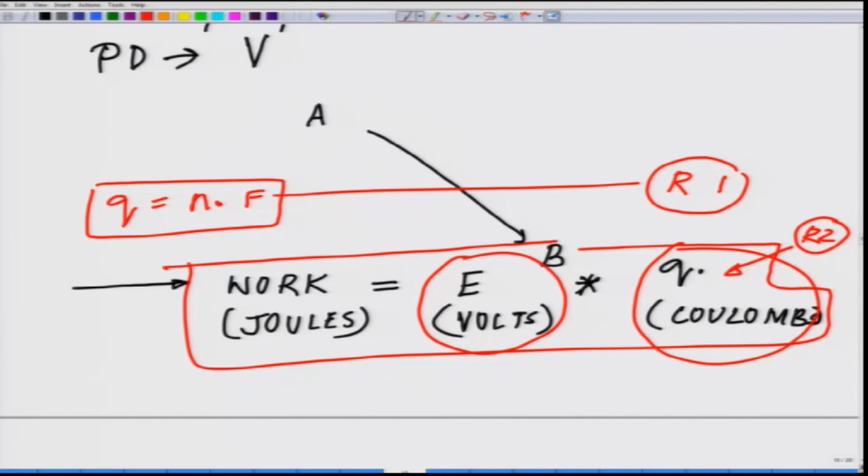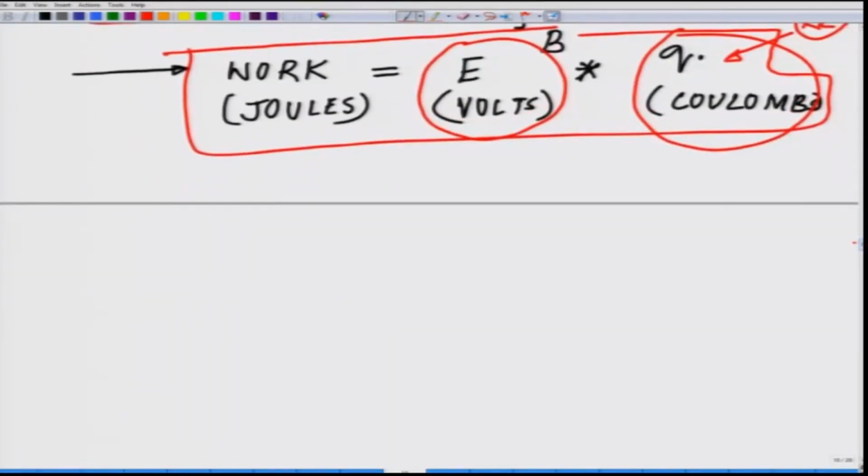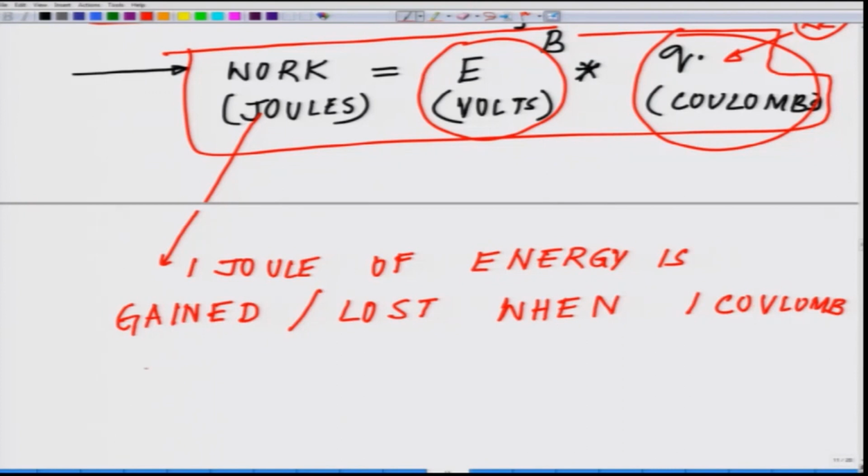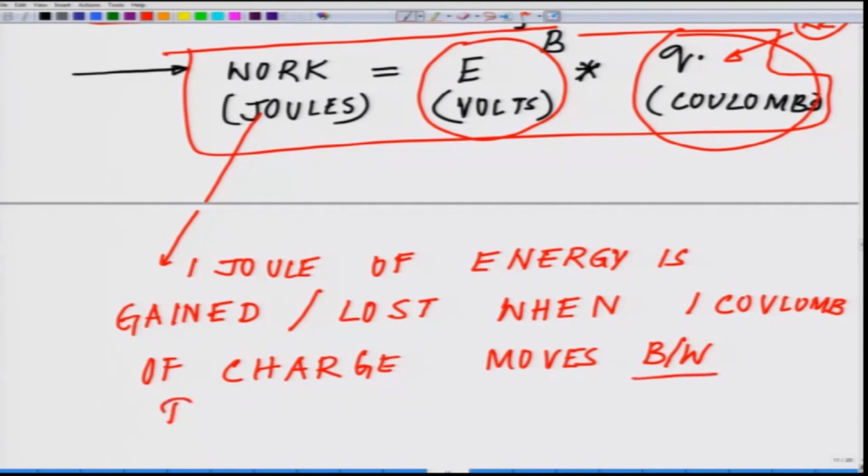So, if we talk about 1 joule of energy, say for example, 1 joule of energy is gained or lost when one coulomb of charge moves between points whose potential difference is 1 volt.